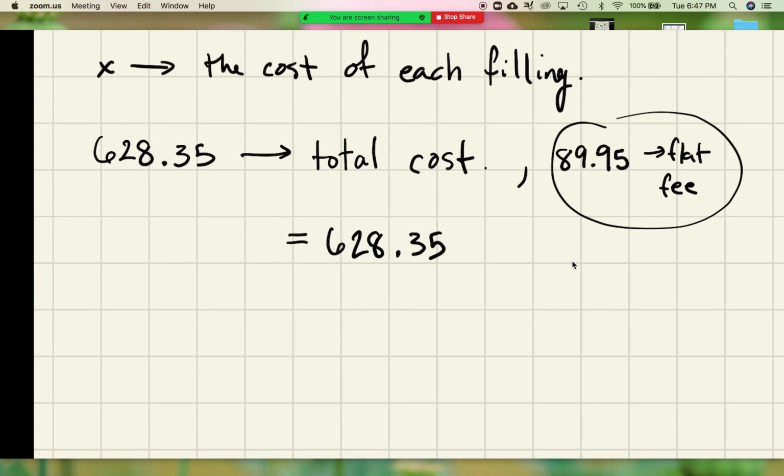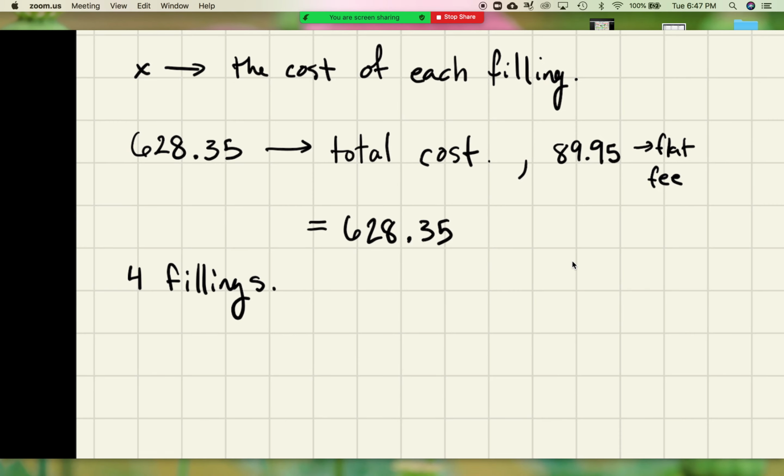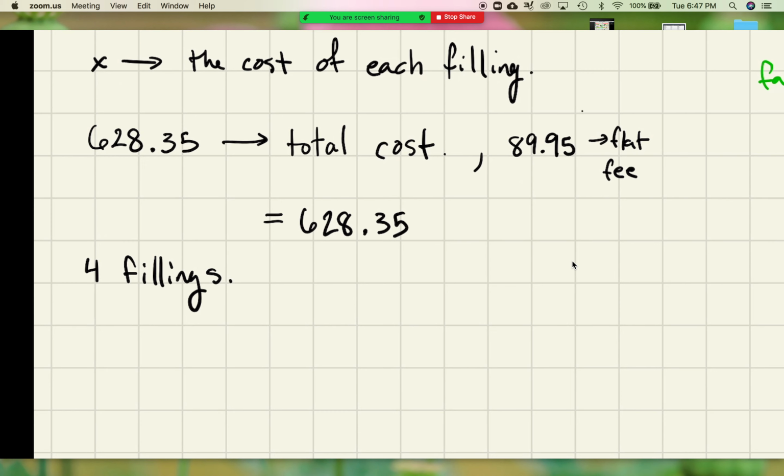Oh, how many fillings? That was another thing. She had four fillings, right? Yeah. And they all cost the same, so we don't know the cost of each one. Actually, the cost of each filling is going to be x. Yeah, that's what we're going to figure out.